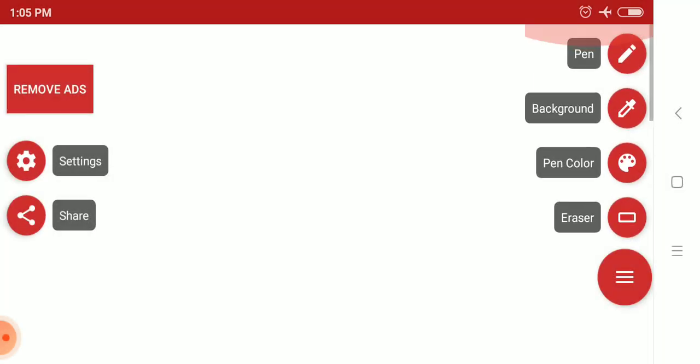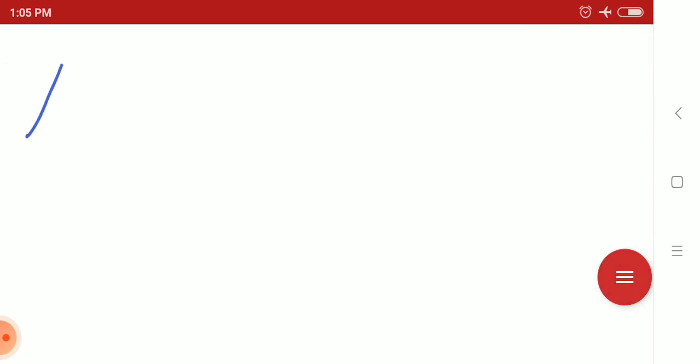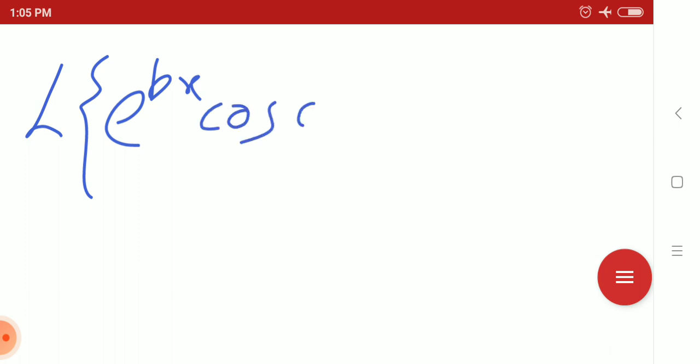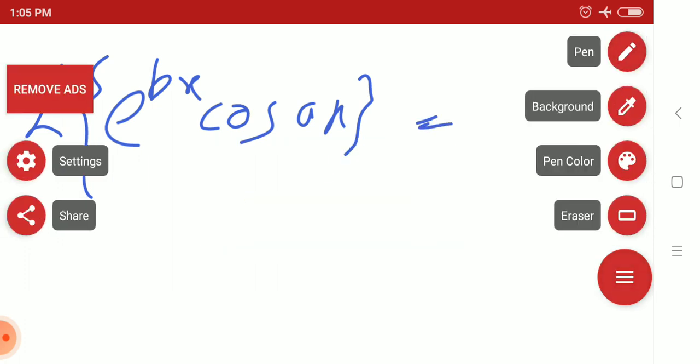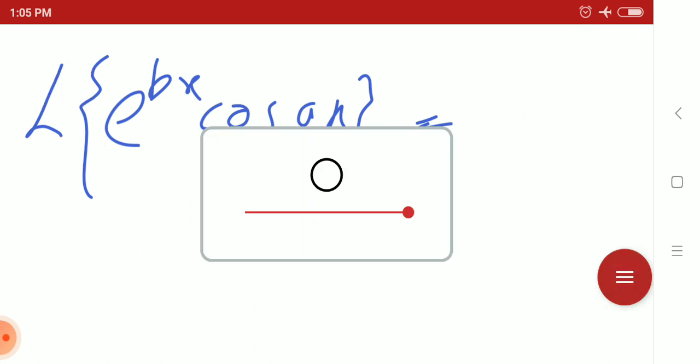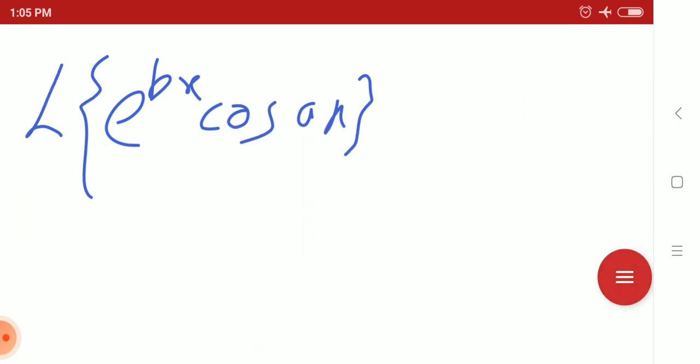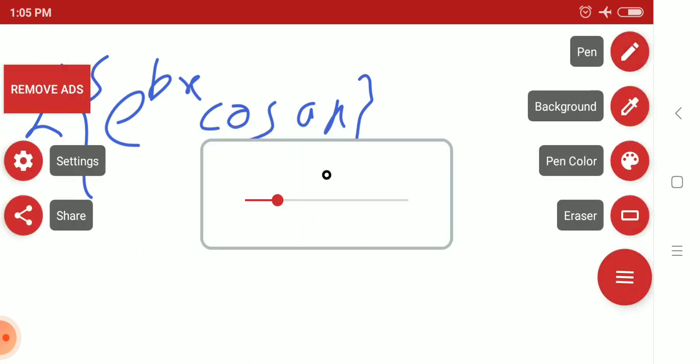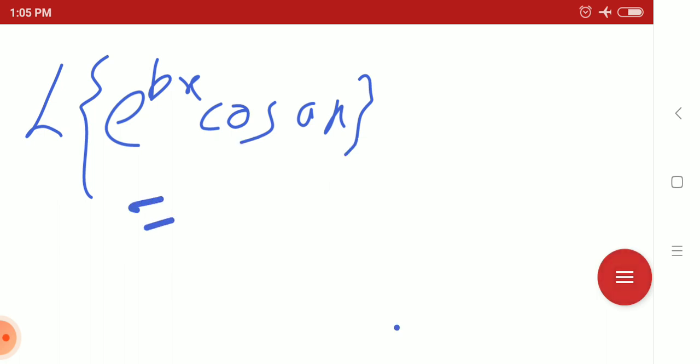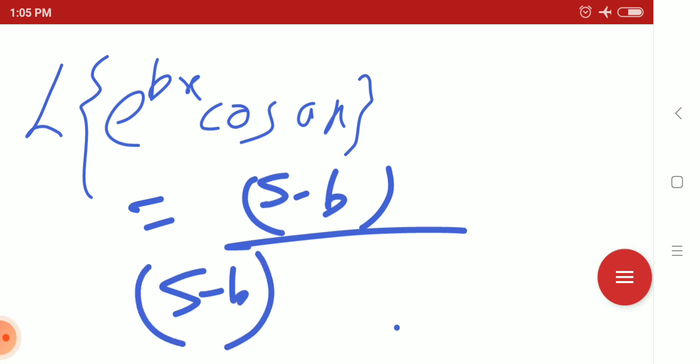So the Laplace transformation of e to the power bx cos ax will be s minus b divided by s minus b whole square plus a square.